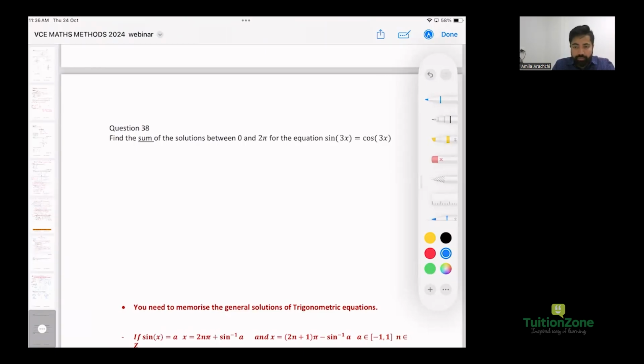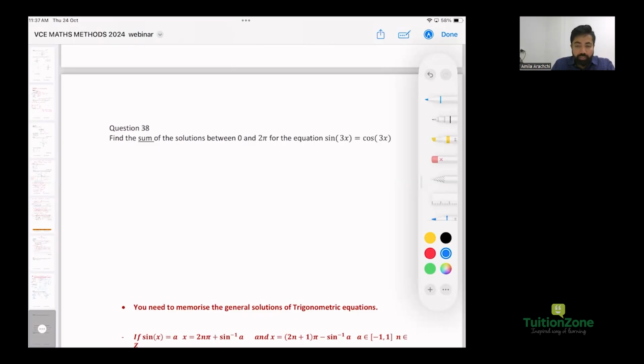So we need to find all the solutions between 0 to 2 pi. Shall we do it together? Ready? Okay, cool.